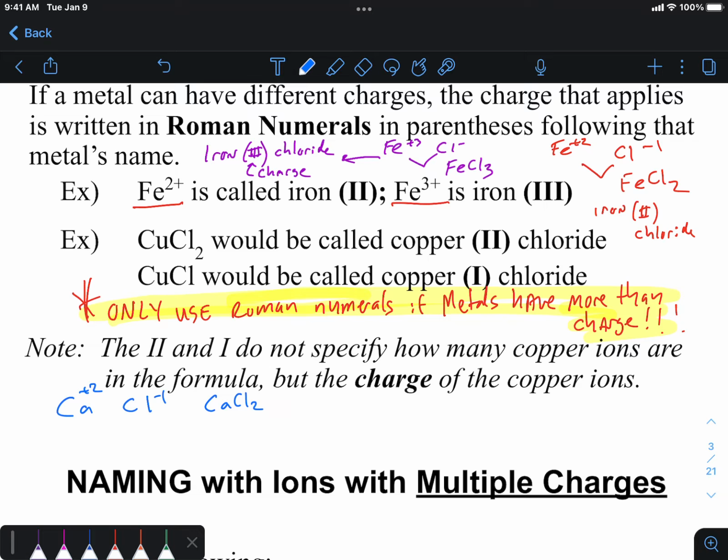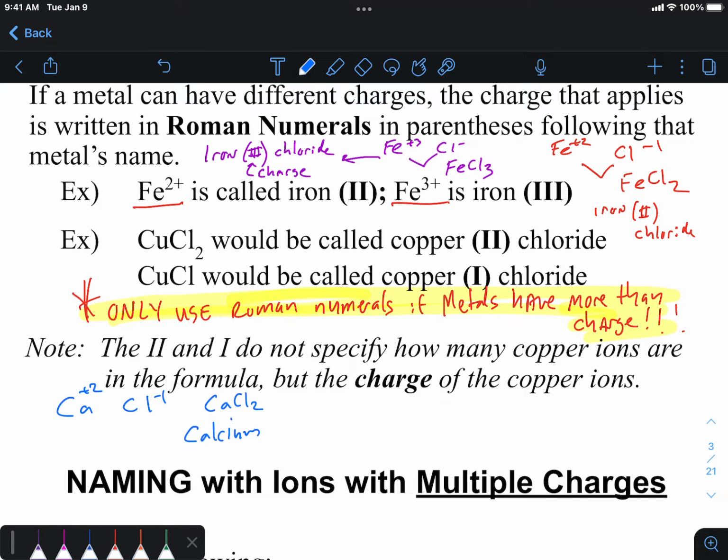So when I name this, the first step is you look up the charge on the metal, and you have to see, does calcium have more than one charge? Does it? No, it does not. If the metal does not have more than one charge, then you don't need to use a Roman numeral.